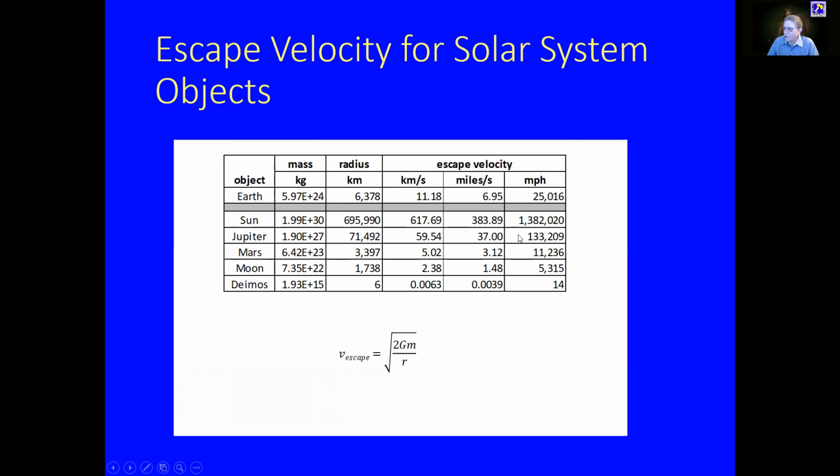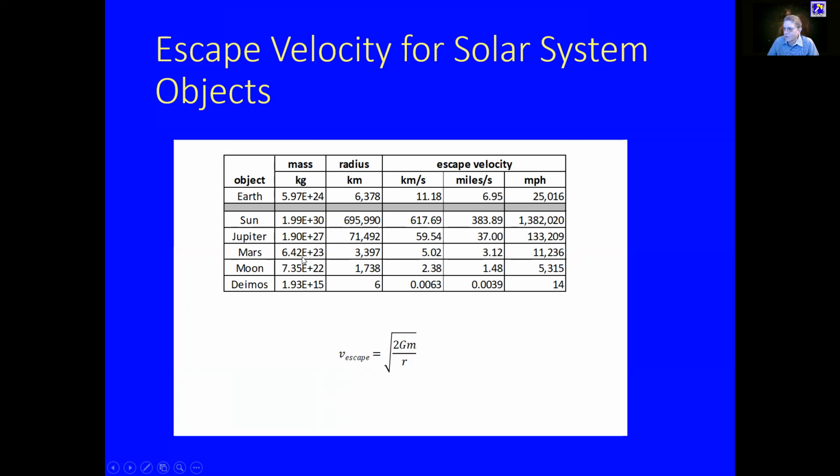And the corresponding velocities here for escape velocity are 59.54 kilometers per second, 37 miles per second. Compare that to the 7 miles per second for Earth. You can see Jupiter has stupendously higher gravity, and this escape velocity is much higher as well.